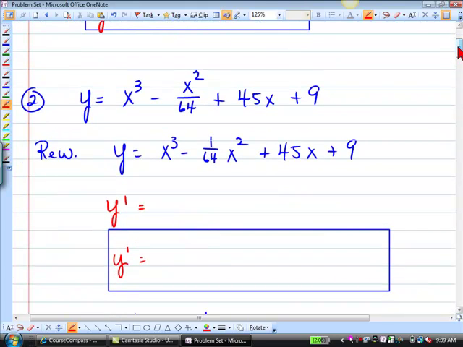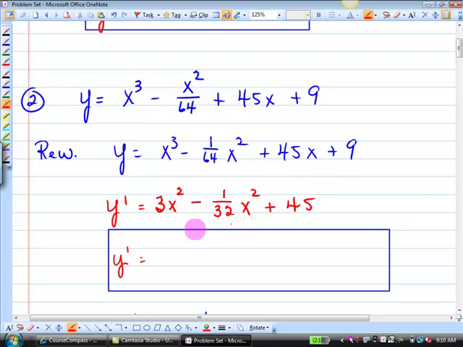All right, so let's take the derivative of that. Derivative of x cubed, 3x squared. What's the derivative of this? Is that 2 over 64, which, reduced, would be 1 over 32. What's the derivative of that one? 45, and we've got that.